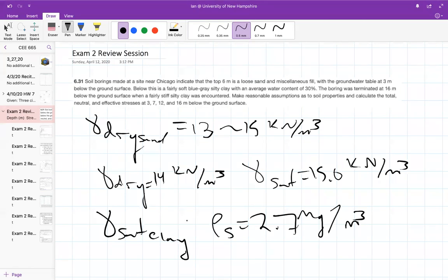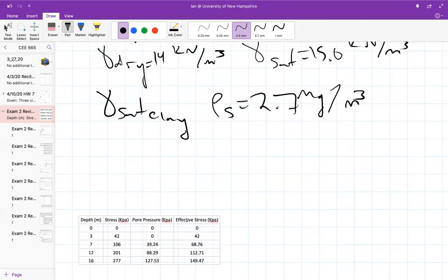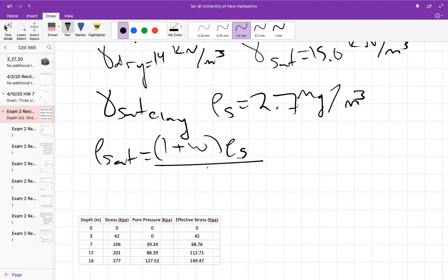So let me scroll down a little bit. When we're doing this, we're going to say, all right, the saturated density is 1 plus the water content over 1 plus rho S over rho W, and it's just going back to our phase diagram stuff like you guys did on the last exam, just plugging and chugging.